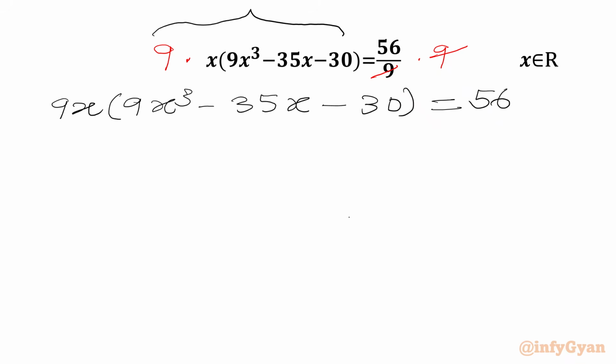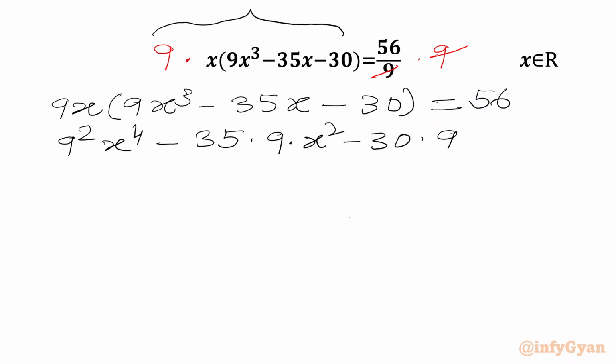Let's simplify. 9x times 9x cube is 9 square x power 4, minus 35 times 9 times x square, minus 30 times 9 times x equal to 56. Now 9 can be written as 3 square.